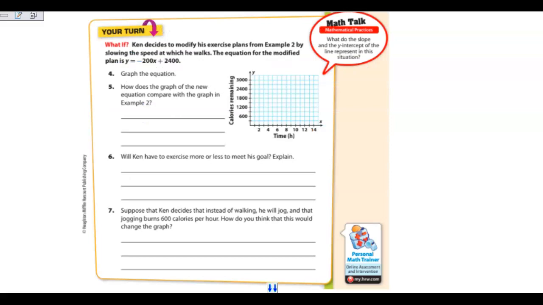What if Ken decides to modify his exercise plans from example 2 by slowing the speed at which he walks? The equation for the modified plan is negative 200 calories per hour, so burning 200 calories per hour, but still starting at 2,400. So we still have to start it here. Actually, let's make this larger.